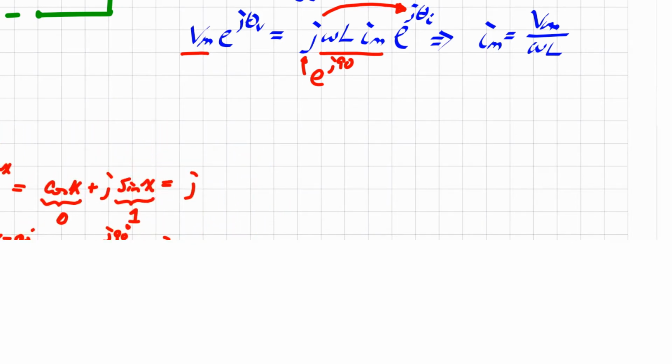So I'm going to put that on the side. Let's carry this on. This is equal to omega L Im e to the j (theta I plus 90).